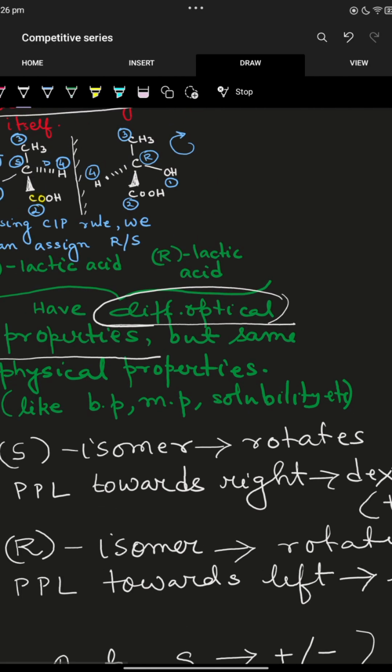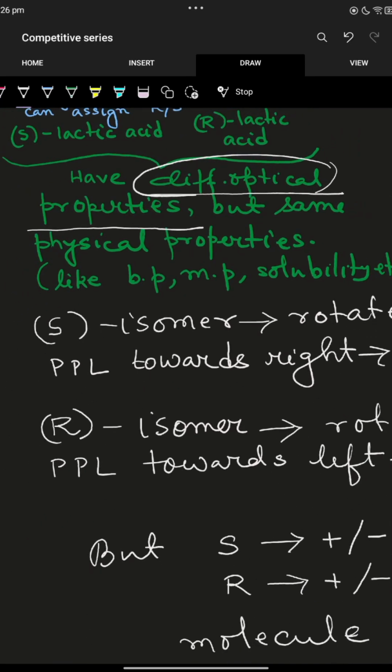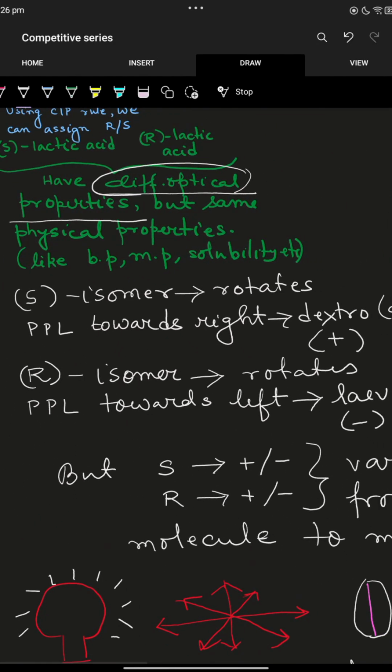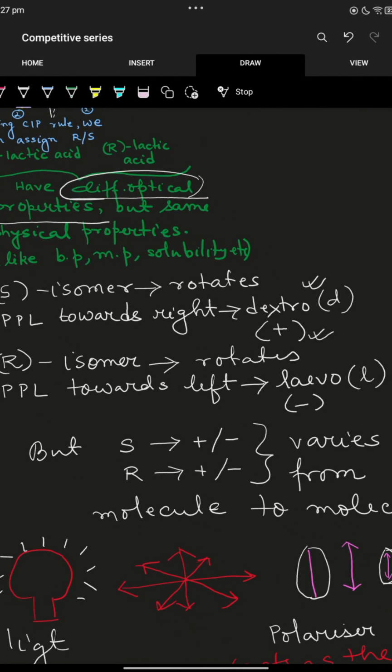Now the S isomer of lactic acid rotates the plane polarized light towards the right, so the sign denoted to it is plus or small d, which stands for dextrorotatory. And the R isomer of lactic acid is seen to rotate the plane polarized light towards the left, so it is the levo form, with a minus sign or small l.